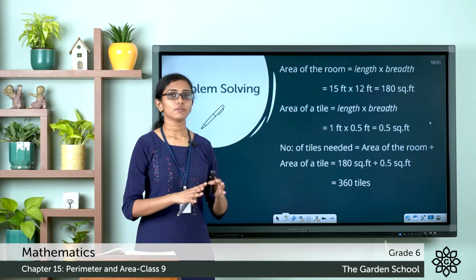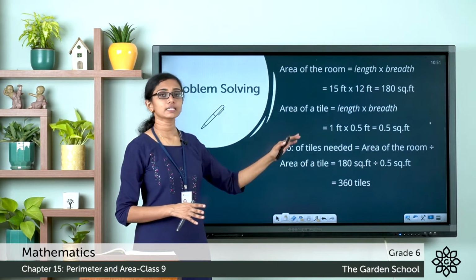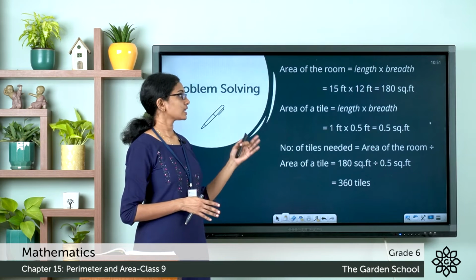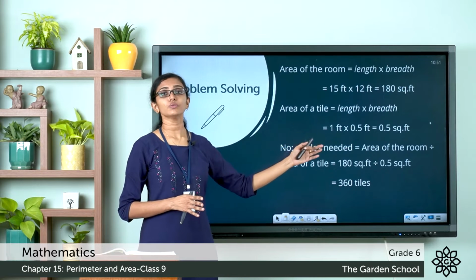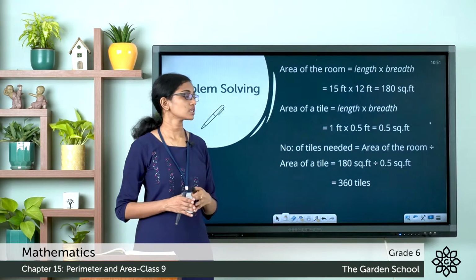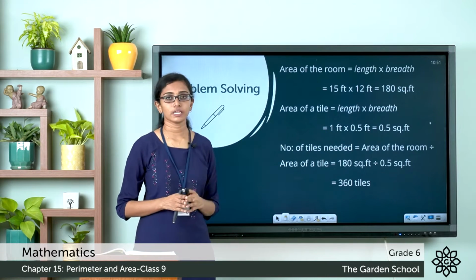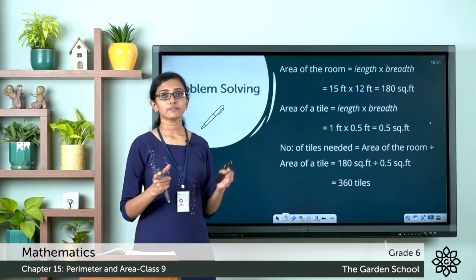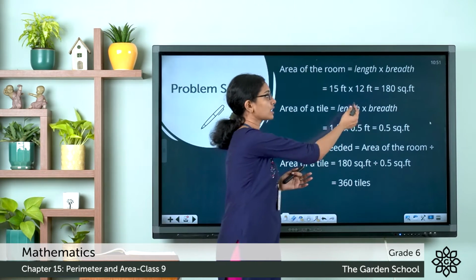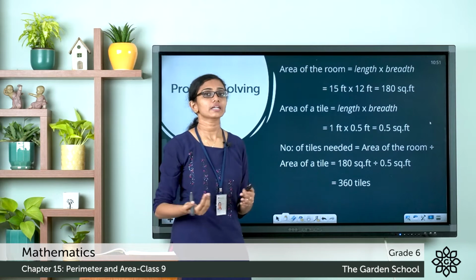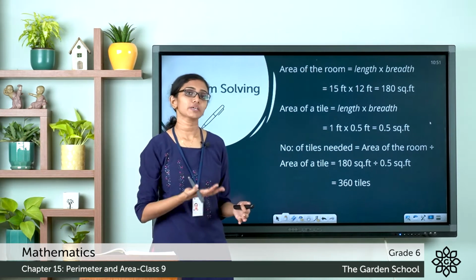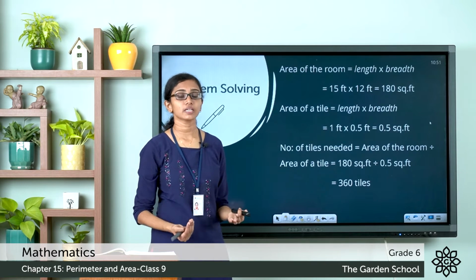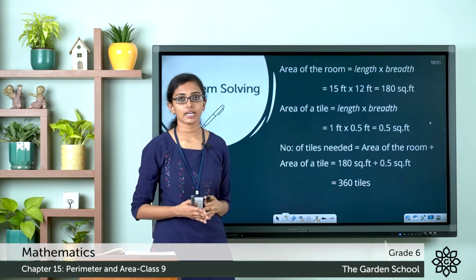So we need to cover a total area of 180 square feet, and the area of a single tile will be equal to 1 feet into 0.5 feet, which is 0.5 square feet. Now we'll be dividing or we'll be covering the total 180 square feet with tiles of area 0.5 square feet. So from this we can find out the number of tiles we need to cover this entire area.